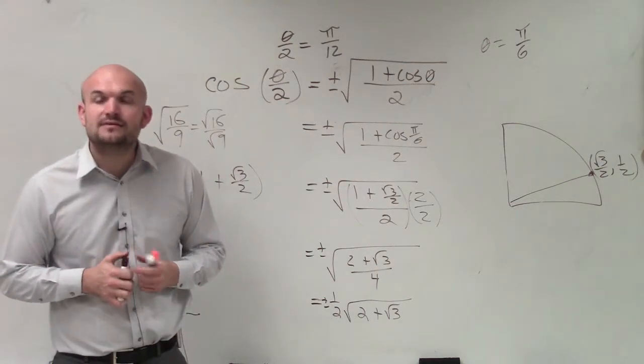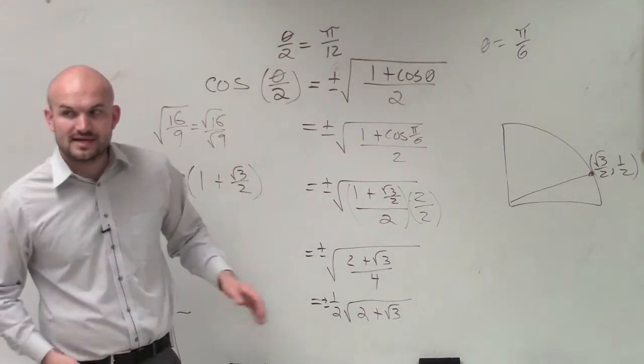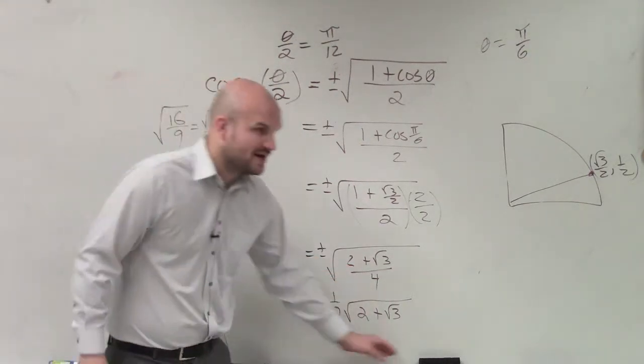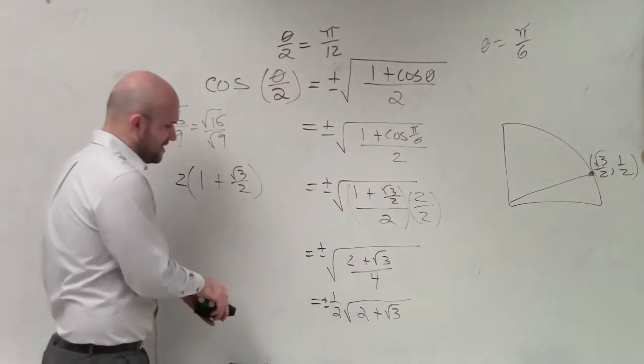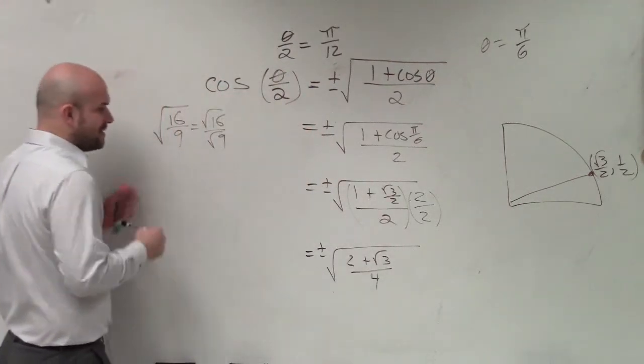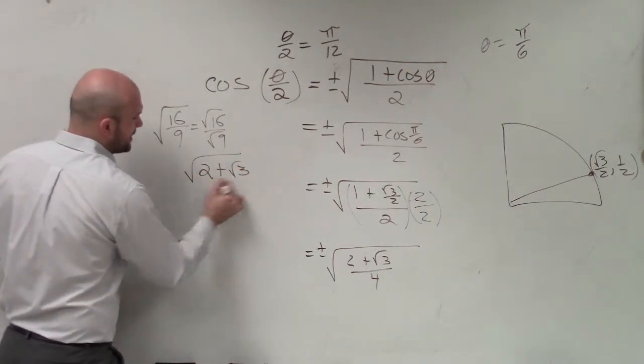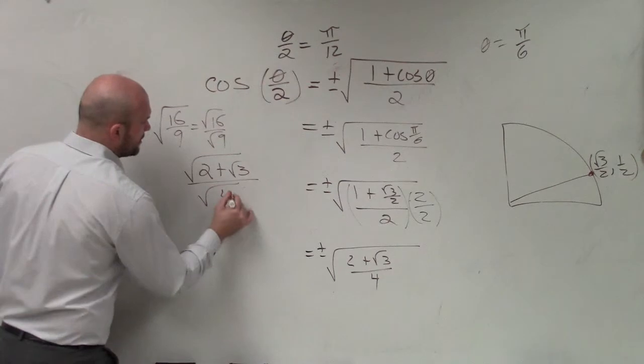Now, the next set. If you break this up, what I did, my step confused you, what you need to do is break that up into the square root of 2 plus the square root of 3 over the square root of 4.